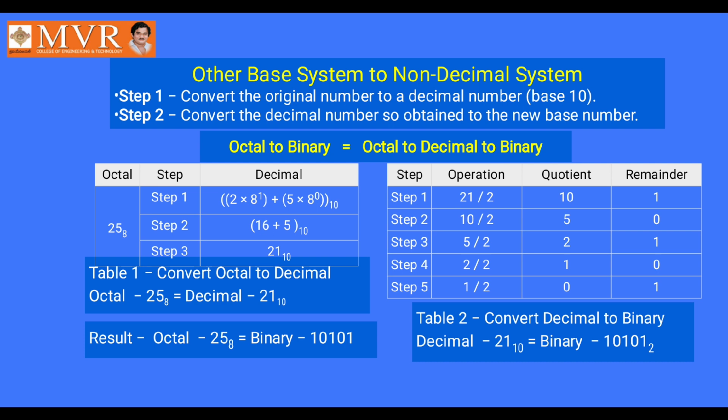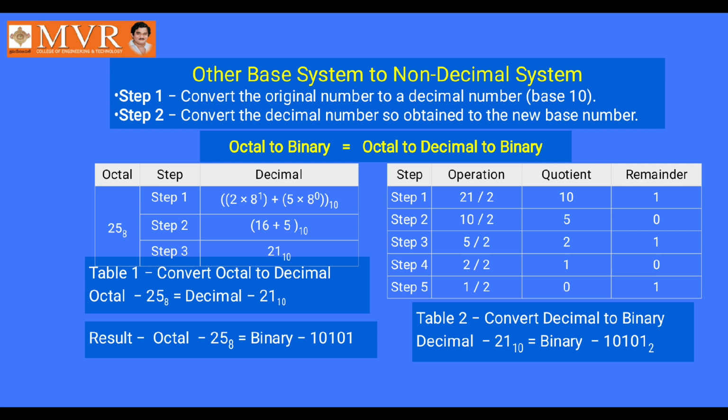Now after getting the decimal value 21, it is very easy to convert the decimal number to binary by dividing by 2, because decimal to binary means base 2. We divide 21 by 2 till we get the quotient as 0, and keep the remainders aside and write from bottom to top.